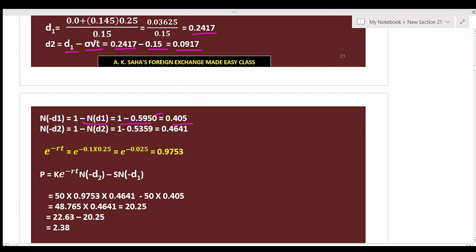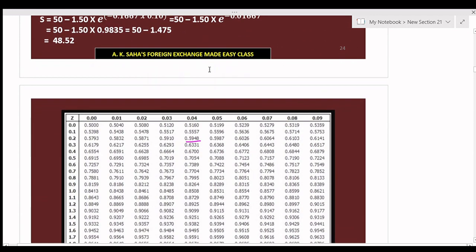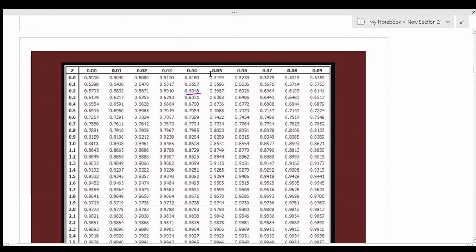And next, N(minus d2) is equal to 1 minus N(d2), where the value of d2 is 0.09. You come to the figure 0.09, you see here it will be 0.5359.